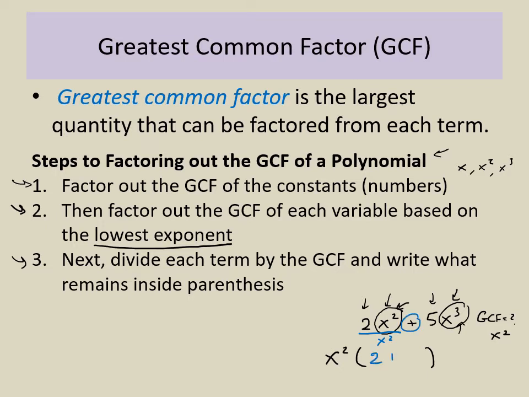And then plus, and then divide this by x squared. 5x cubed divided by x squared gives me 5x. The x cubed, when I divide it by x squared, I'm going to have an x left. And this is going to be our final factored product.